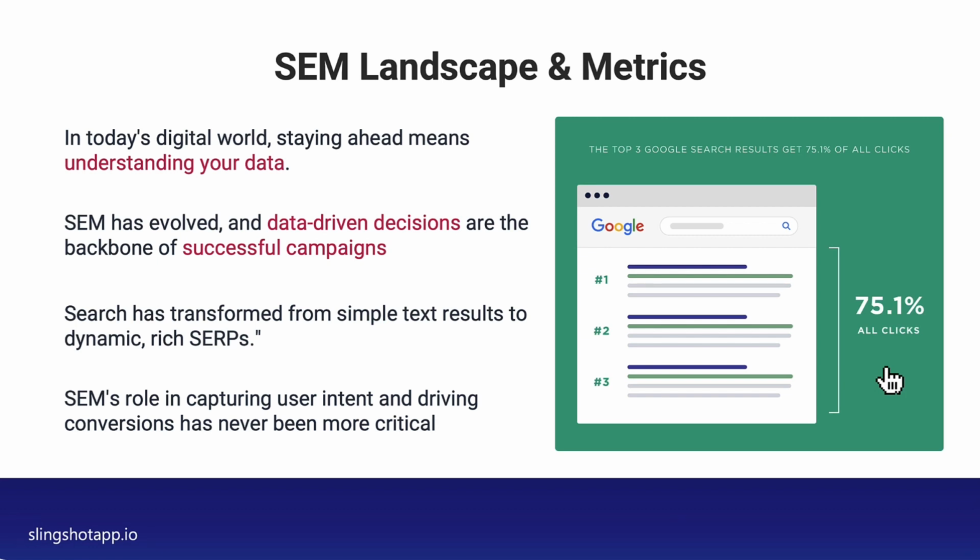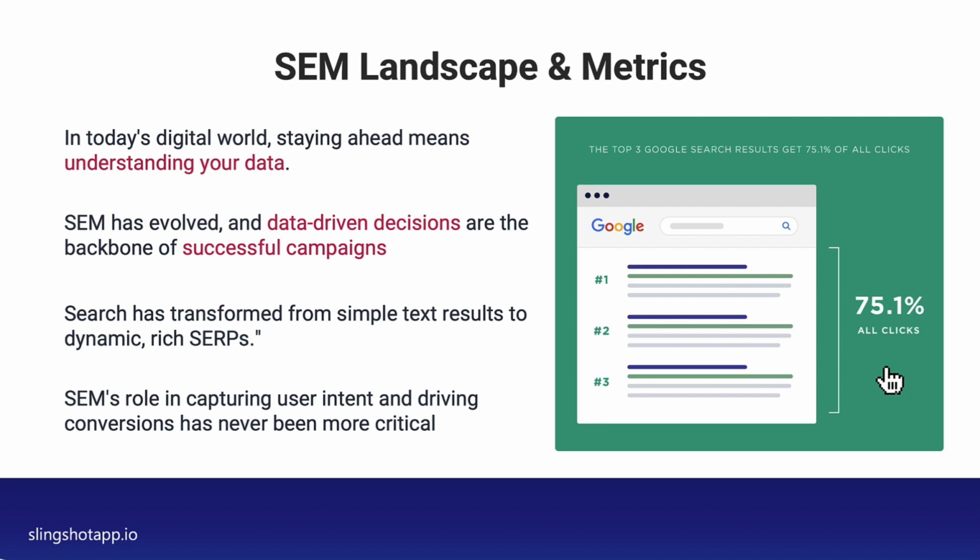The dominance of paid advertisements, the start of featured snippets, and the continuous algorithm updates redefine how we now approach SEM. So, in today's digital world, staying ahead means understanding your data. SEM has evolved, and data-driven decisions are the backbone of successful campaigns everywhere.